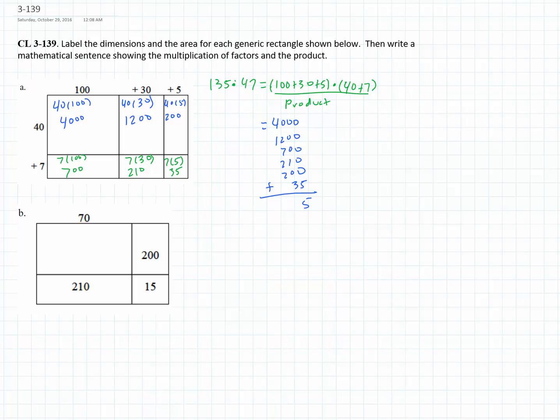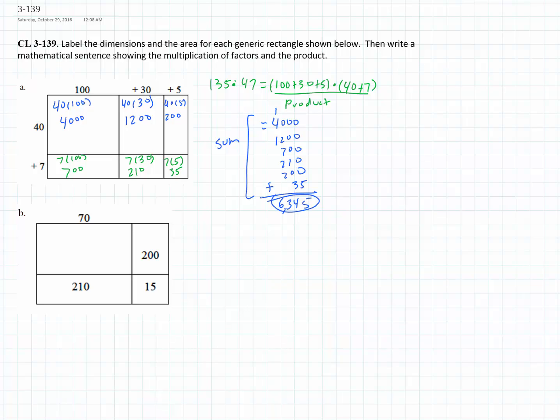We get 5 here. 1 plus 3 is 4. 2 plus 7 is 9. Plus 2 is 11, plus 2 is 13, 3 carry the 1, 1 plus 4 is 5, plus 1 is 6. So here we have 6,345. Okay, so this right here is the sum, and again, this is the answer or the area.